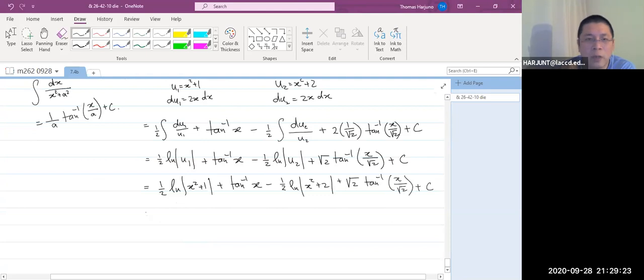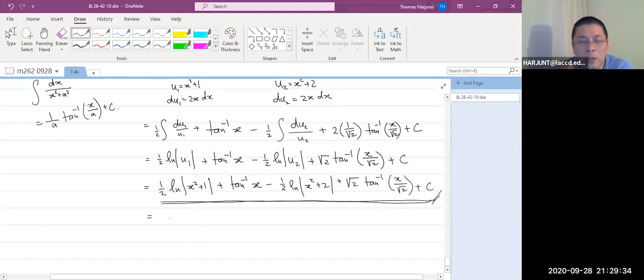Now you can just stop there, but if I were you, I would go on a little bit further. Actually, I don't mind if you stop here. But I hope you realize that some textbook may put it this way: natural log of square root of x squared plus 1 over x squared plus 2.